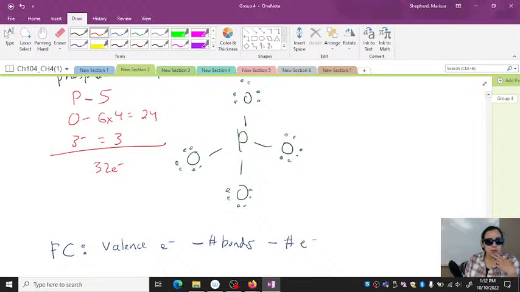And so let's just start with 1 oxygen. They're all the same. So whatever 1 is, they should all be. And so for my formal charge, how many valence electrons does oxygen have? So 6 minus, and then how many bonds does this oxygen have? So you're just looking at the individual oxygen. So -1, and then how many individual electrons?